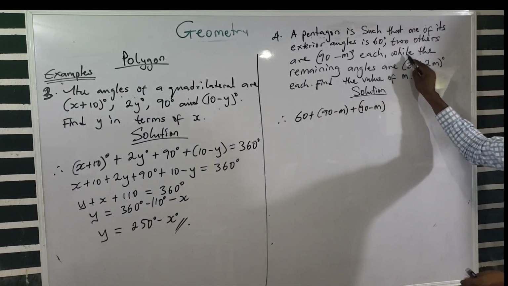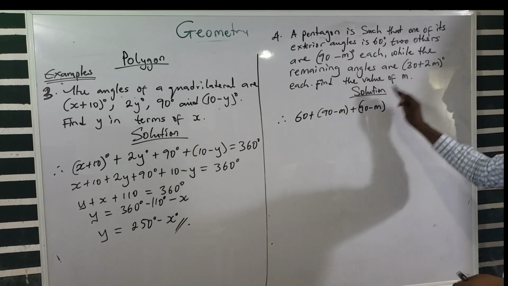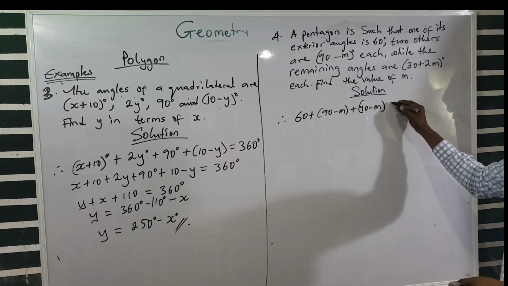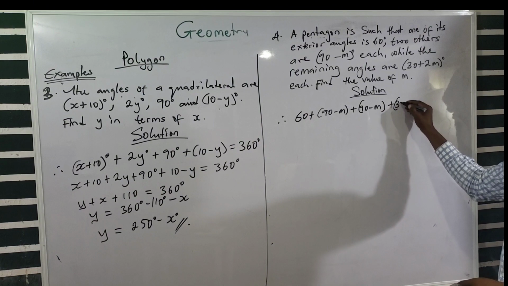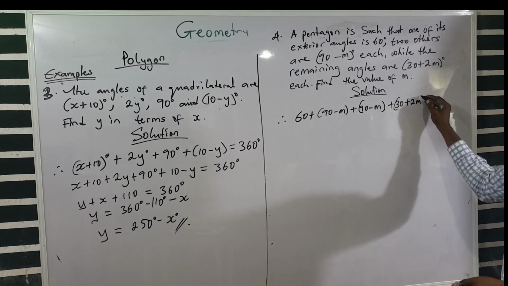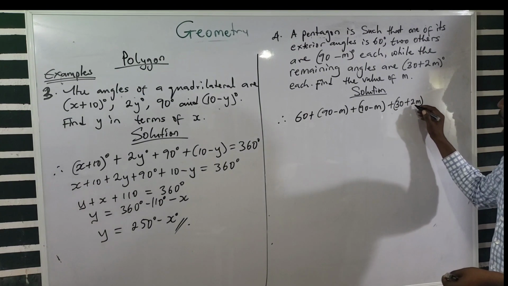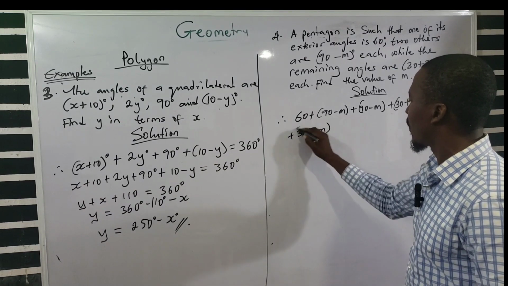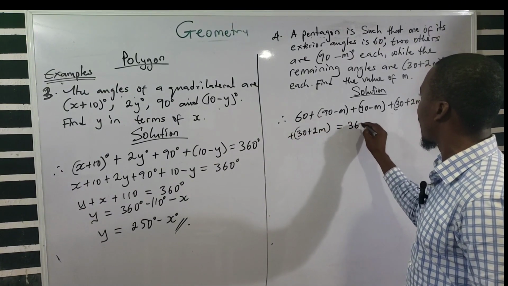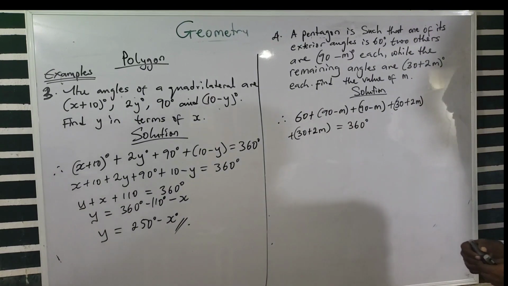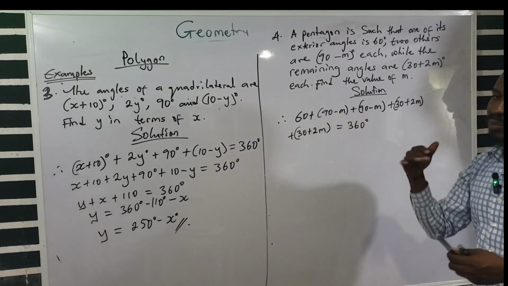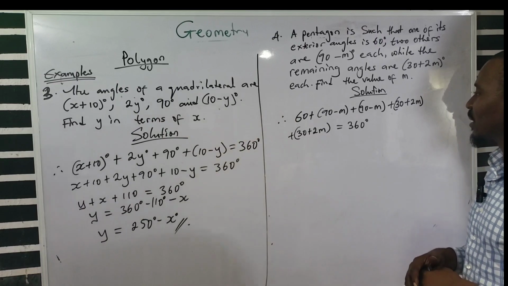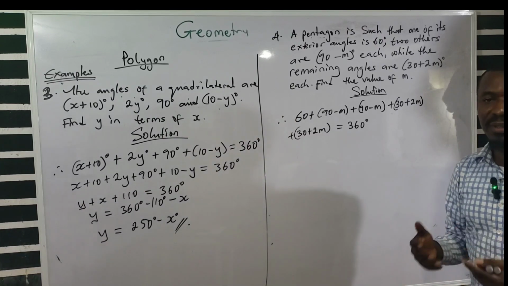The remaining angles are 2, so plus 30 plus 2m plus another 30 plus 2m equals 360 degrees. I could have just said multiply by 2, but we decided to solve it in a way that everybody can understand.